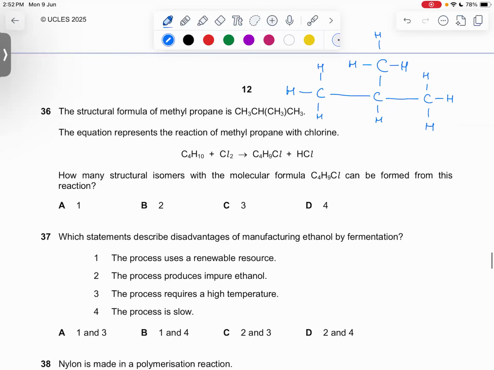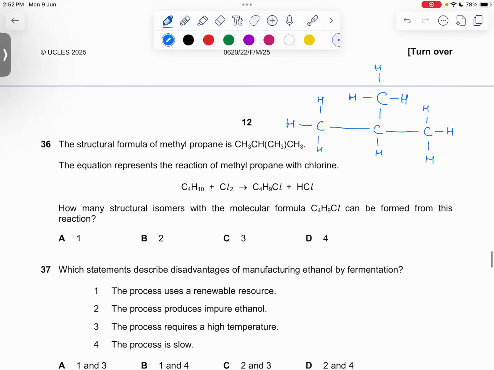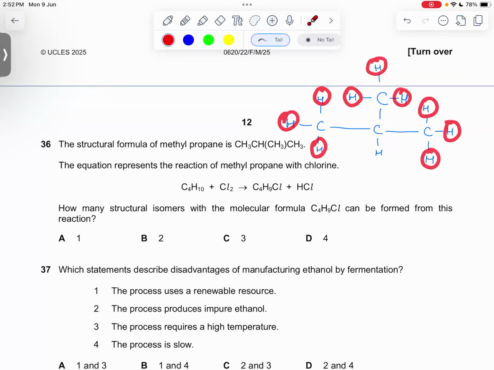Now just one hydrogen gets substituted and one chlorine forms. So the chlorine can be on this hydrogen, this hydrogen, this one, and this one. Nine of these hydrogens, if they are substituted by chlorine, give the same thing.